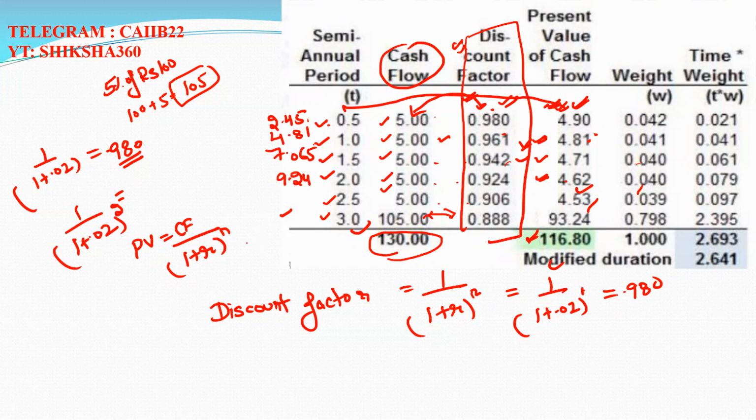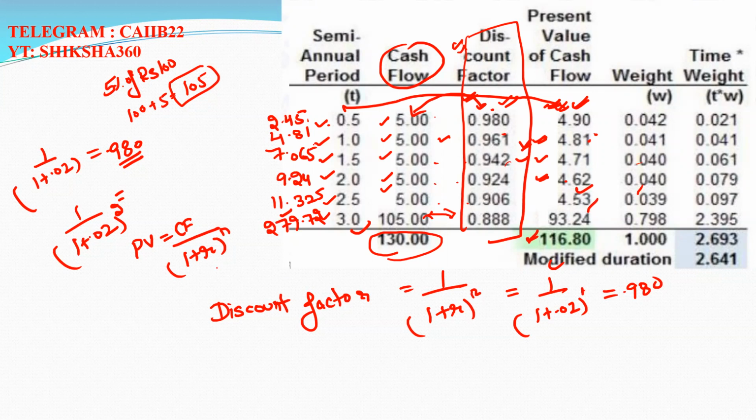Next one, 4.53 multiplied by 2.5 comes out to be 11.325. Last one is 93.24 into 3, which comes out to 279.72.